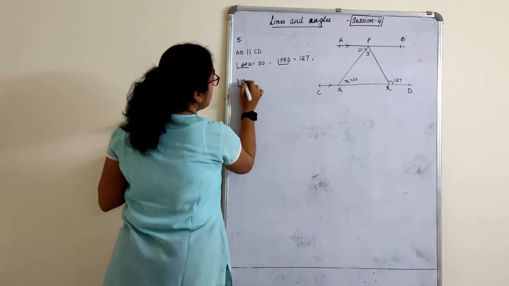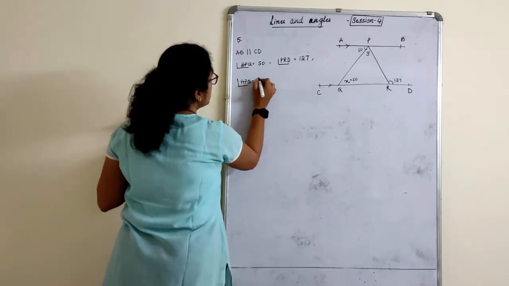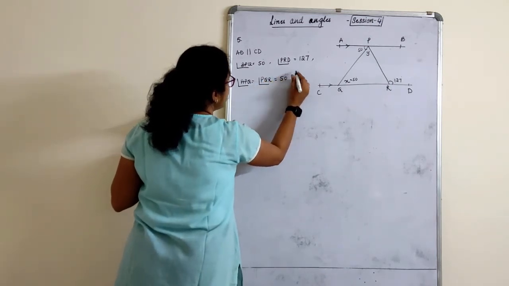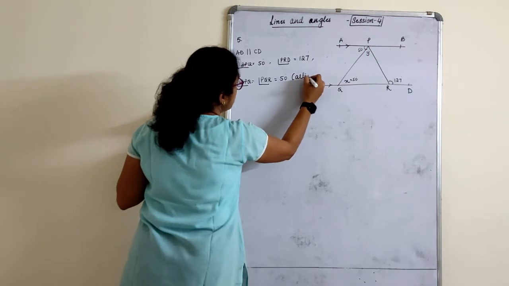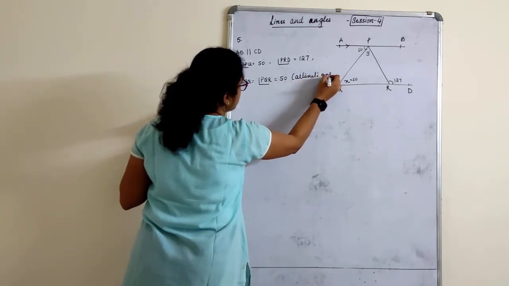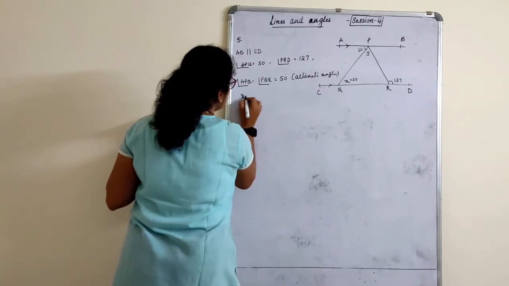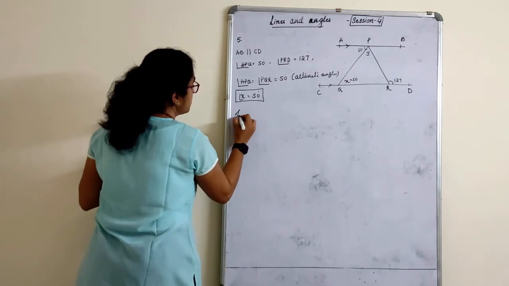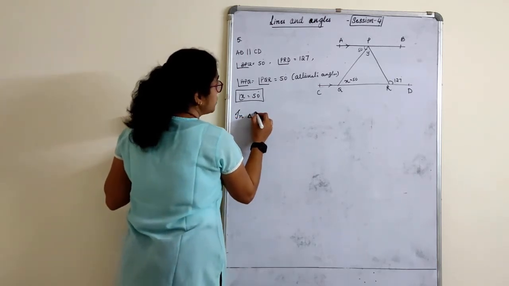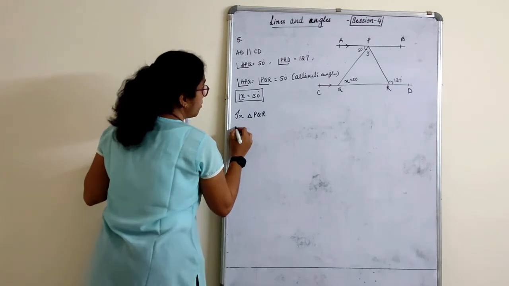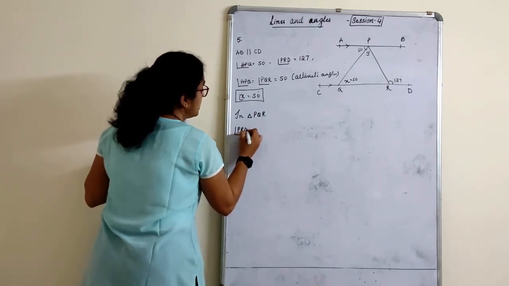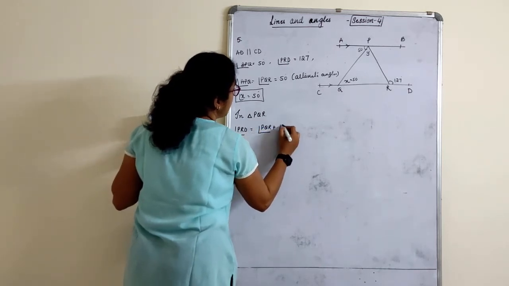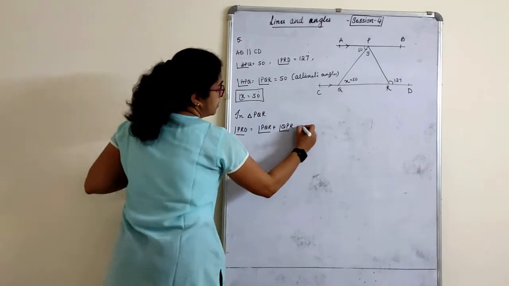We will start with this. Angle APQ is equal to angle PQR is equal to 50. Reason: alternate angles. Therefore, X is equal to 50 degrees. Next, mention the triangle first. In triangle PQR, angle PRD is equal to angle PQR plus angle QPR.